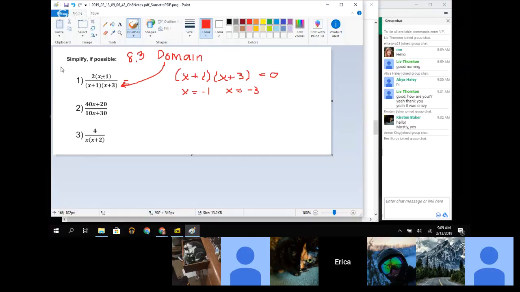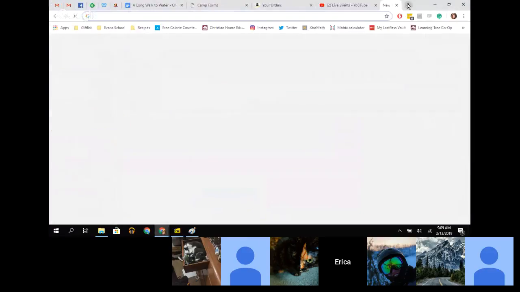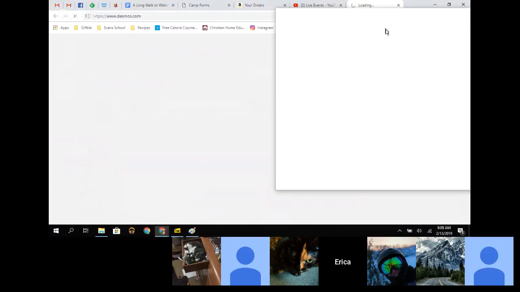So that means, I believe that means that there isn't a horizontal one, but I don't have that in front of me. So let's go ahead and graph this and see what it looks like. And I could be wrong about the second one. So, Desmos, pop it open.